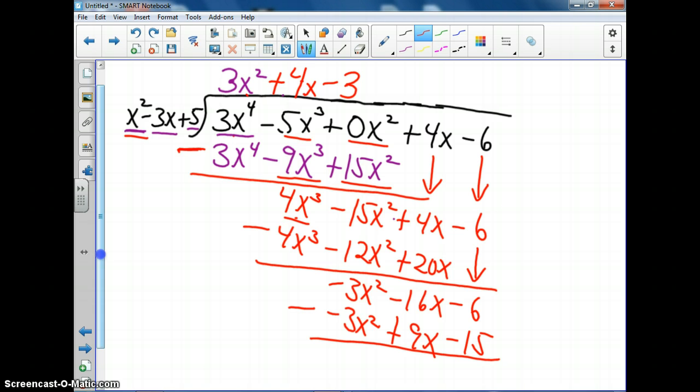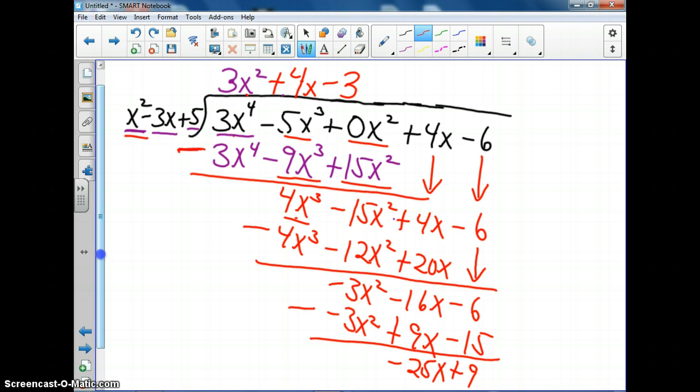Negative 3x squared minus negative 3x squared, what happens? They cancel. 0. Negative 16x minus 9x is negative 25x. Negative 6 minus negative 15, positive or negative? Positive 9 is right.